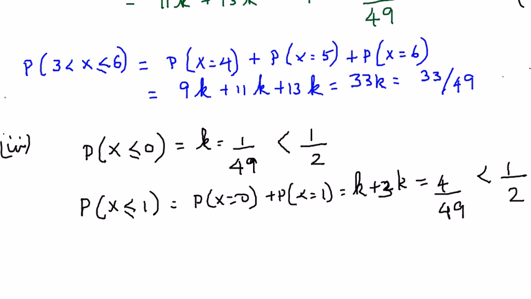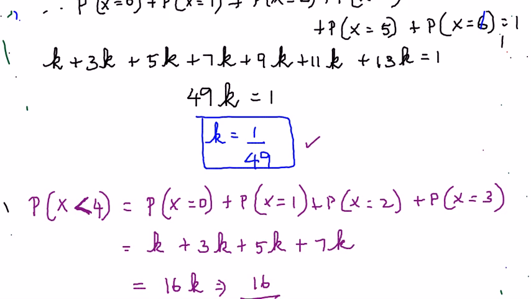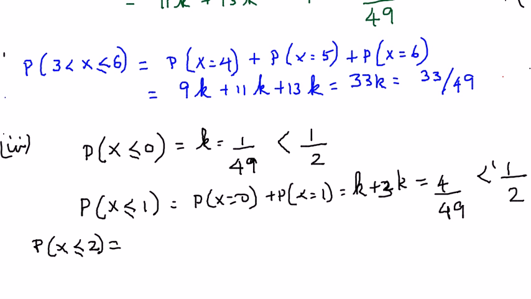Now likewise, find P(X less than or equal to 2). You have to do this only by the trial and error method. If I take up to 2, it will be k plus 3k plus 5k, so it will be 9k, so it will be 9 by 49. And 9 by 49 is also less than 0.5.